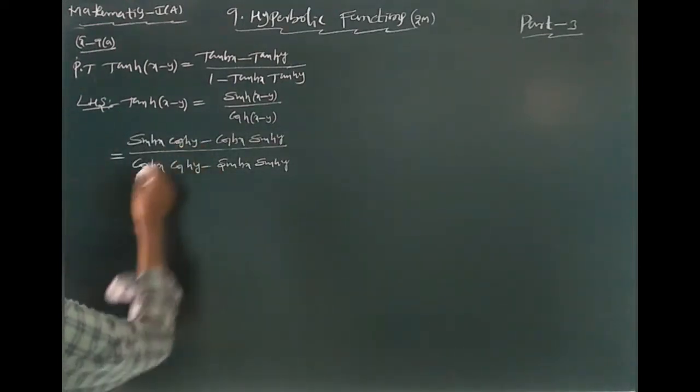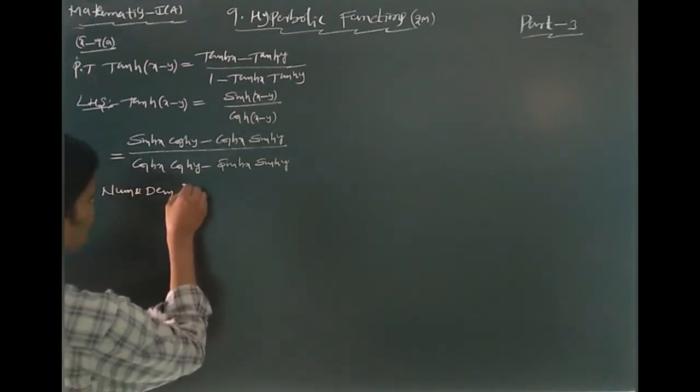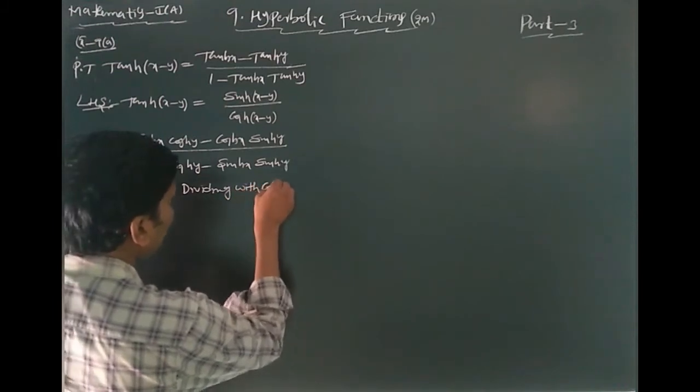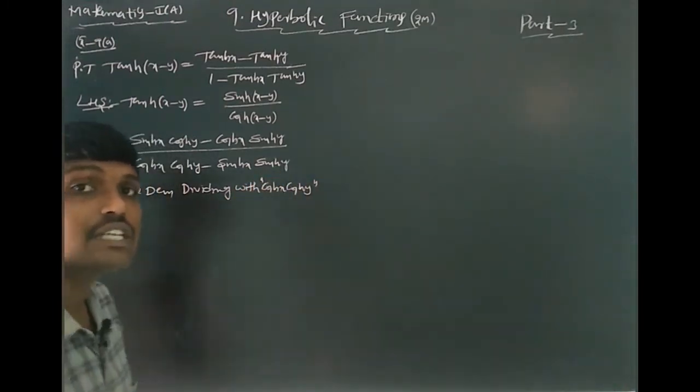That's why next you can write the numerator and denominator divided by cosh x into cosh y.